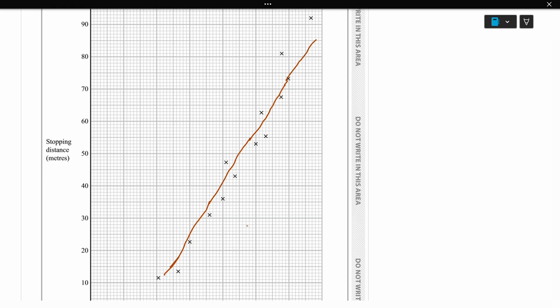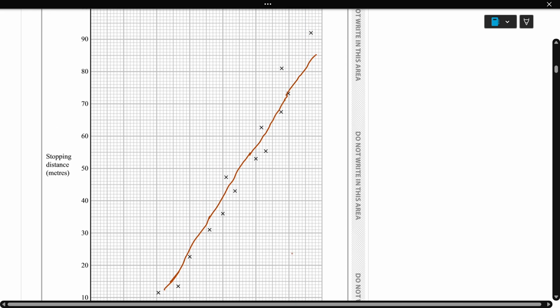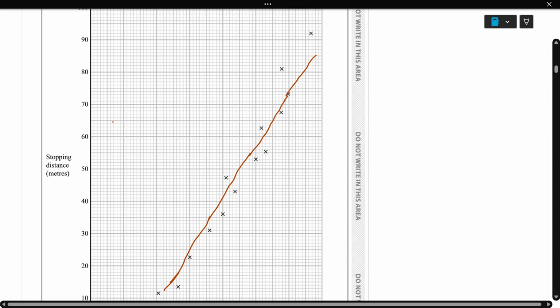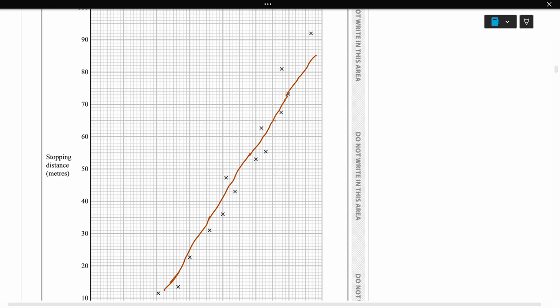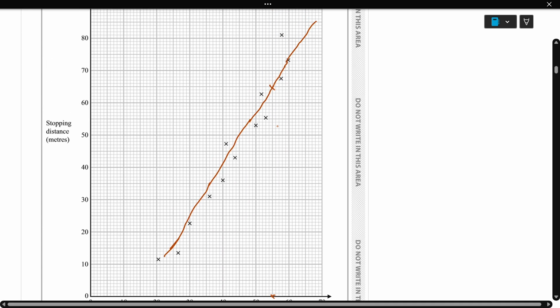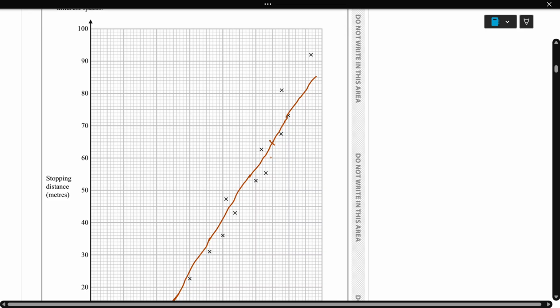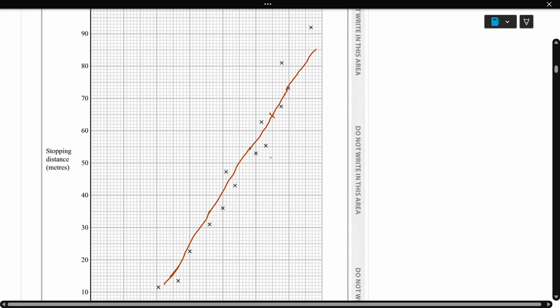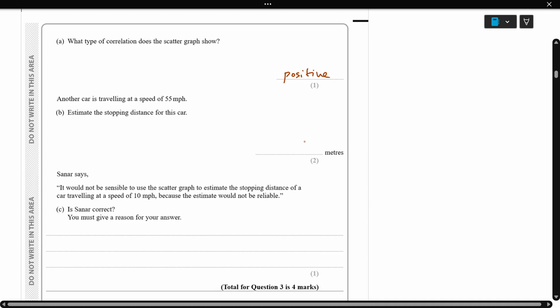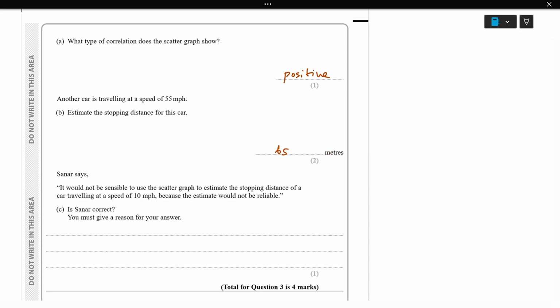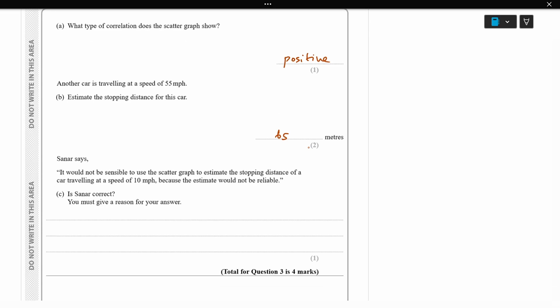Now we go over to 55. It hits approximately here, so I'll write 65. The answer should be a range, like 60 to 70. Approximately up or down, you'll still get the correct answer.